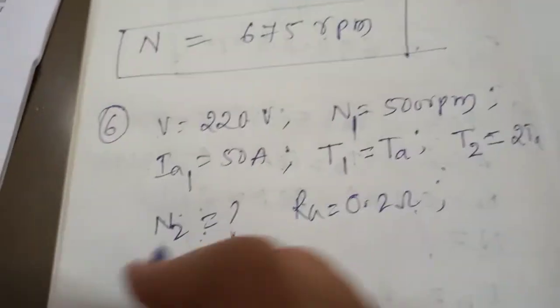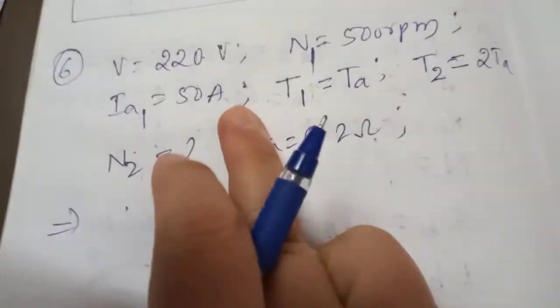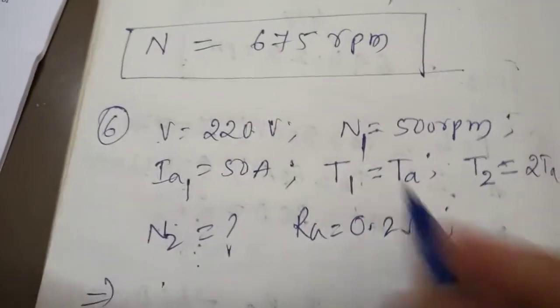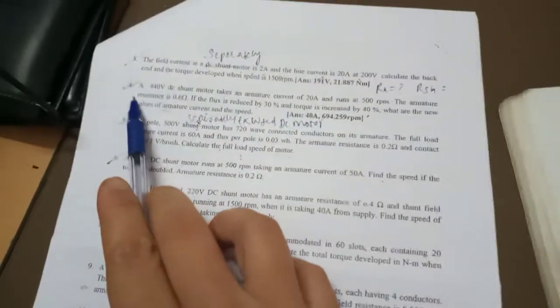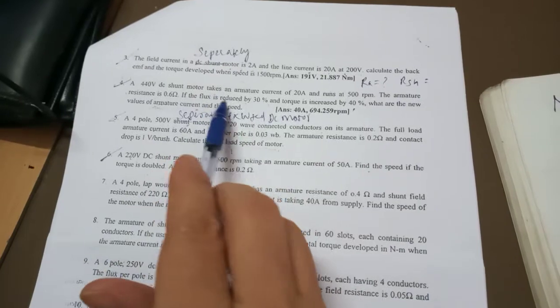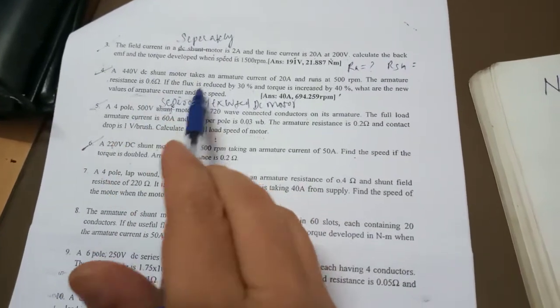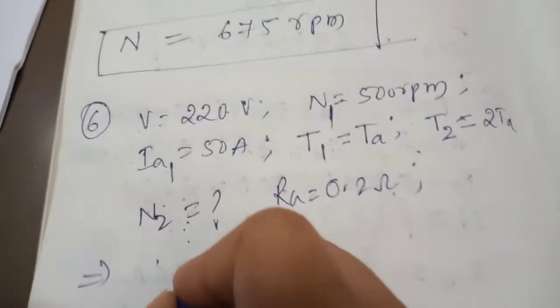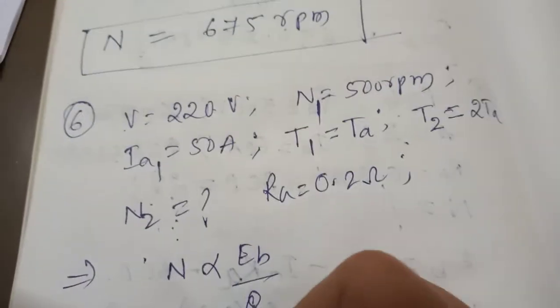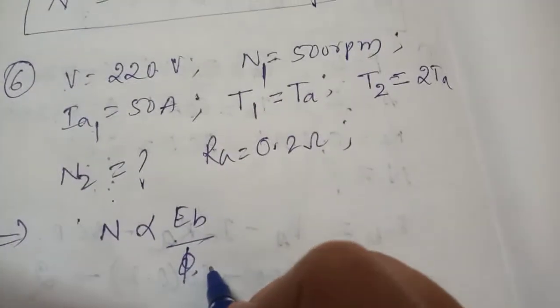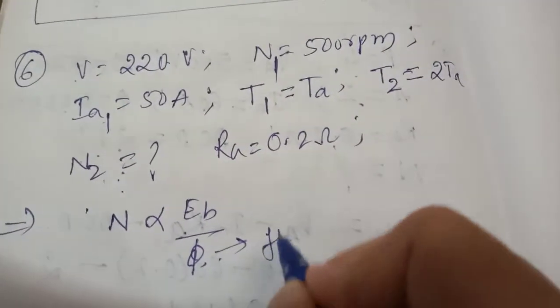Very simple problem. In a shunt motor the flux is constant. Here flux is not manually varying, but in problem number 4 the flux is manually varying, so I considered the variation of flux. In this problem you need not consider the variation of flux. N is directly proportional to EB by phi, but it is a shunt motor, so flux is constant.